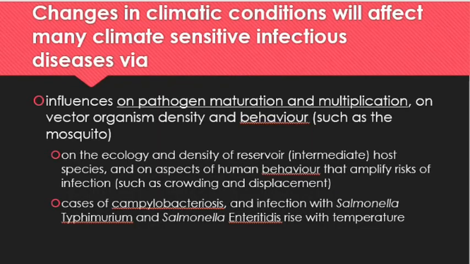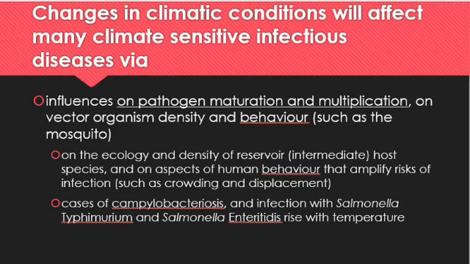Climate change in climatic condition will affect many climate-sensitive infectious diseases via the influence of pathogen maturation and multiplication on vector organism density and behavior such as mosquito. So, in ecology and density of reservoir host species and aspects of human behavior that amplify the risk of infection.